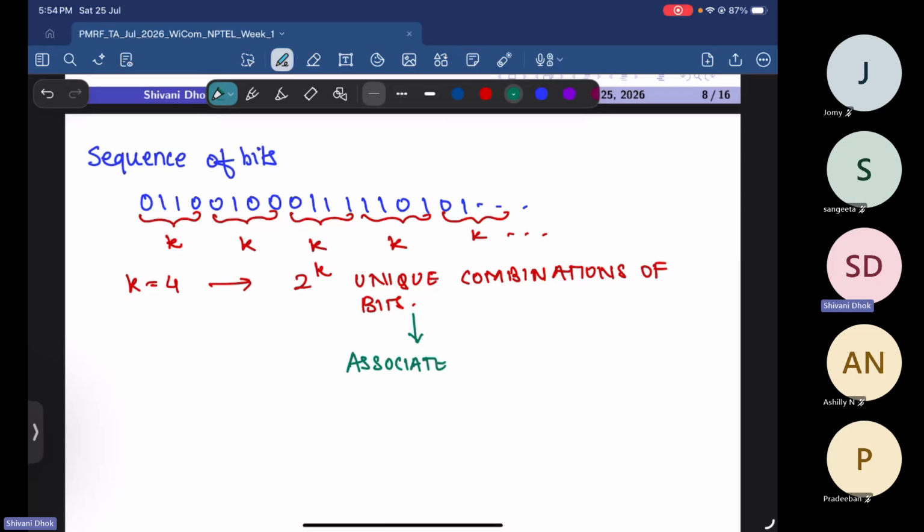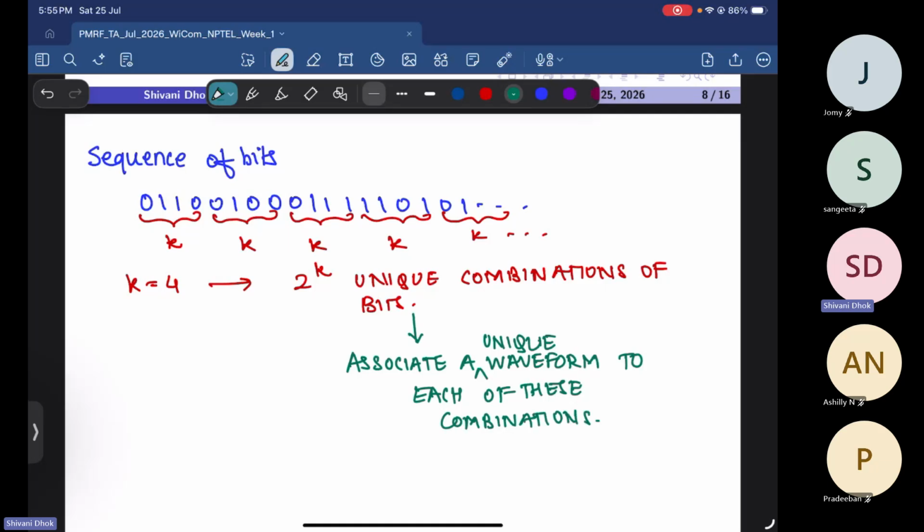Associate a unique waveform to each of these combinations. And these waveforms lead to something known as constellations.